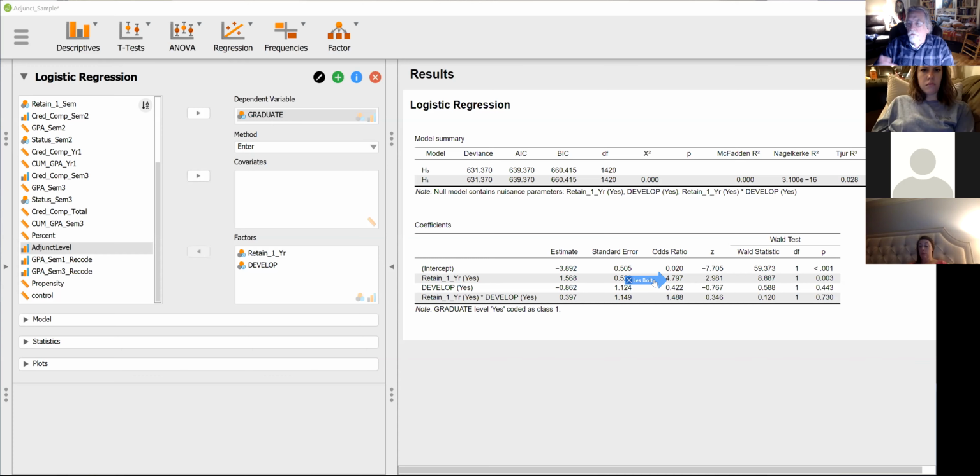It's a little bit difficult to turn it around, but if somebody's 5 times more likely to graduate if they were retained, then the odds of somebody that wasn't retained after the first year graduating is only about 1 chance out of 6.